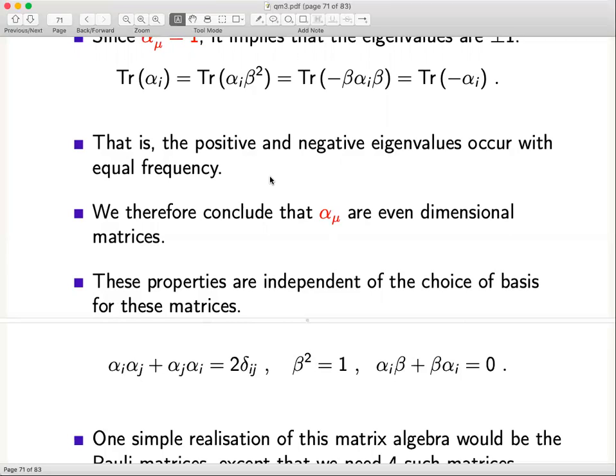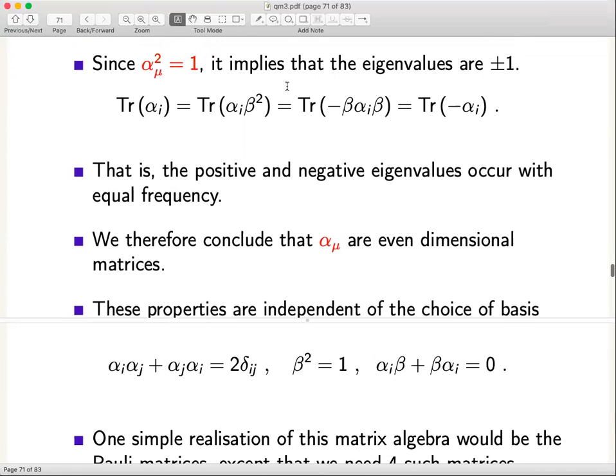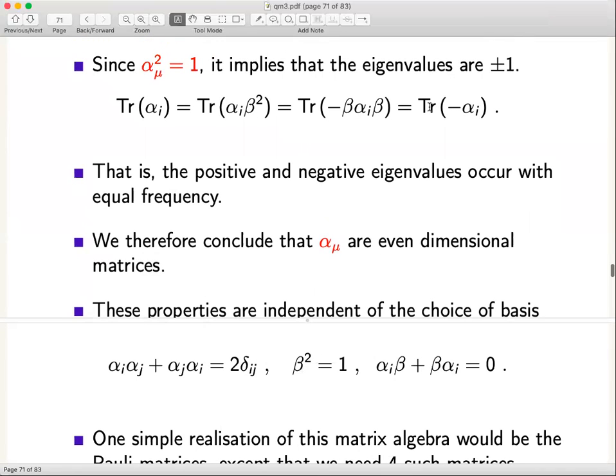So there are multiple different representations, and any choice of basis is as good as any other basis, provided of course it satisfies this constraint, and automatically satisfies all these plus minus 1 eigenvalue and tracelessness conditions.